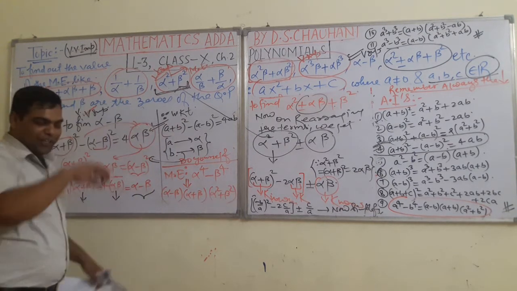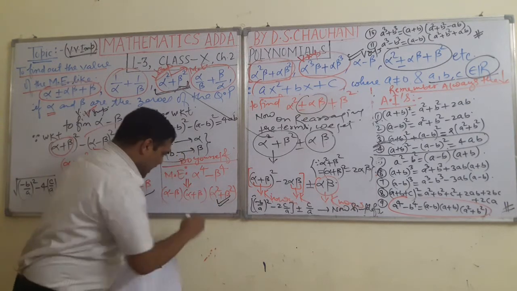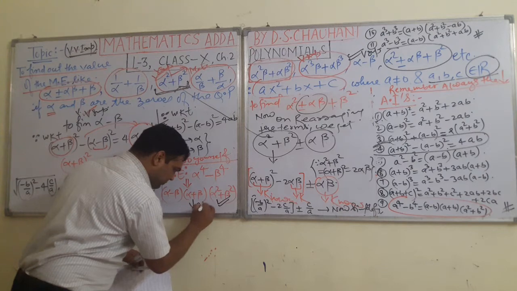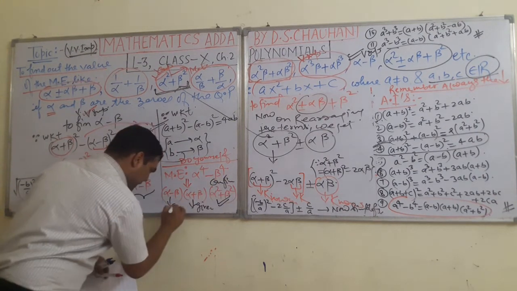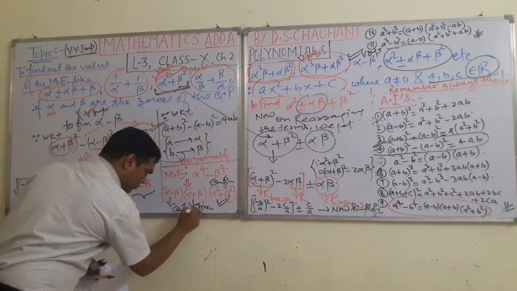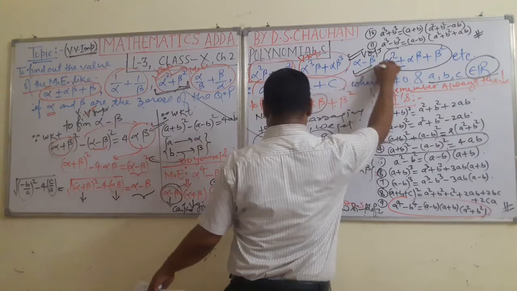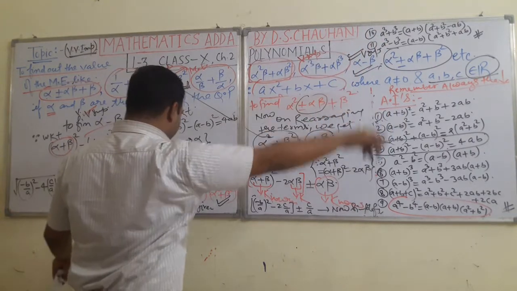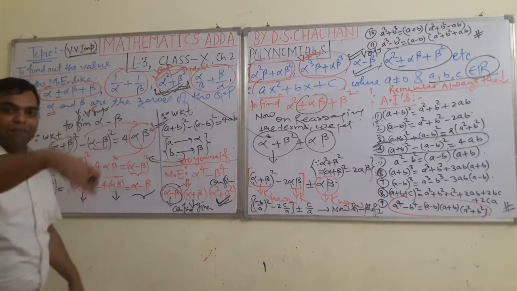My dear students, don't worry. You know how to find it, well known how, and this is given. You can find alpha minus beta here. This is alpha minus beta. You have seen how we have found alpha square plus beta square. You have seen how we have found it.